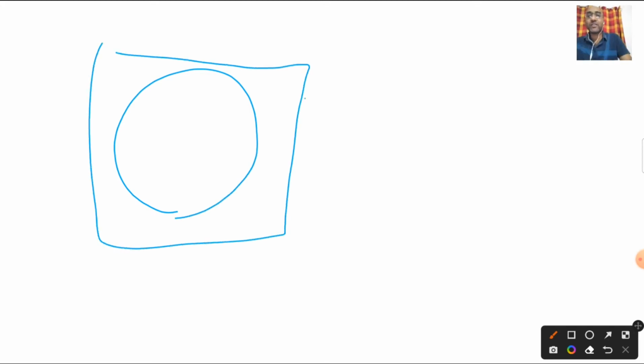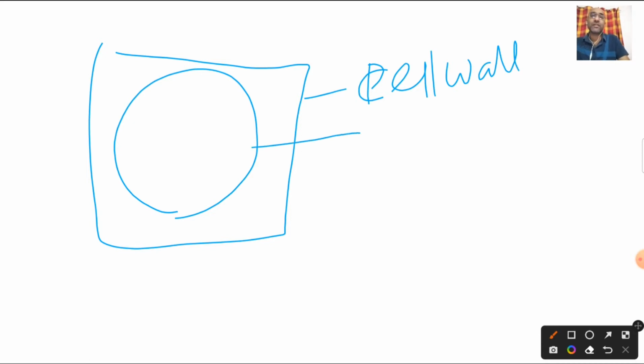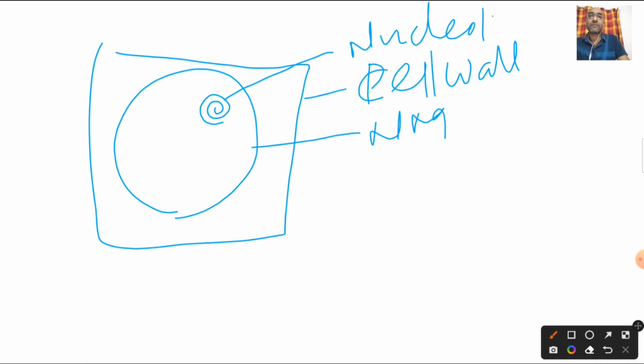So let me draw prophase. This is the plant cell with the cell wall. This is the nuclear membrane, and there is the presence of the nucleolus.